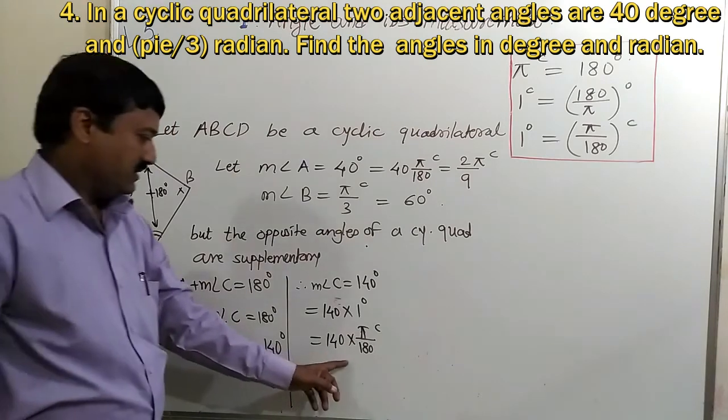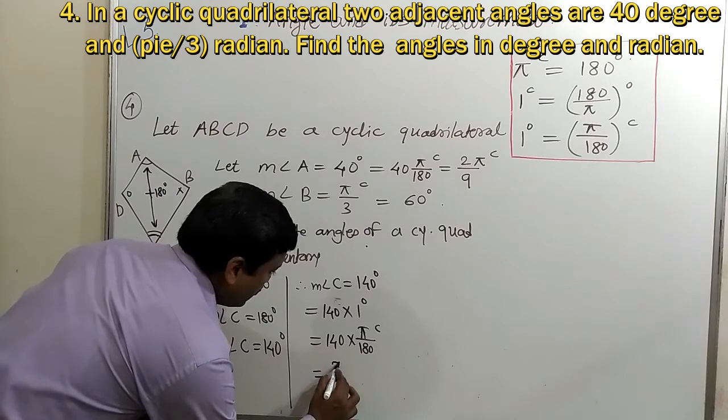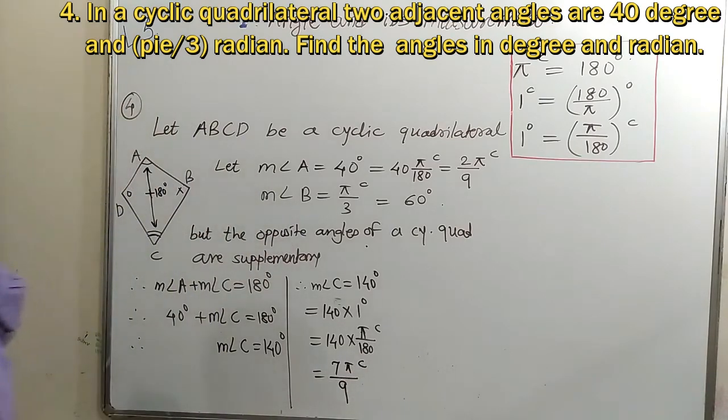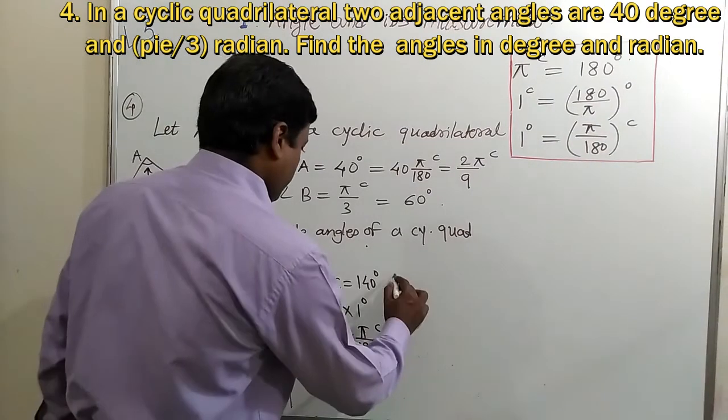Okay, so cancelling 0 and dividing both by 2, we get 7 pi by 9 radian. 140 degree is nothing but 7 pi by 9 radian.